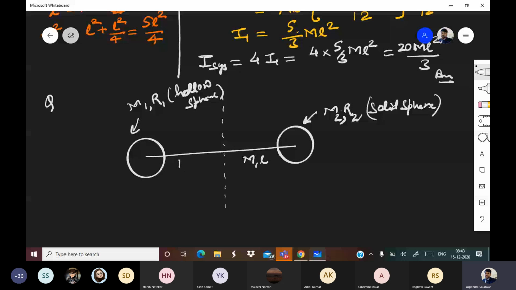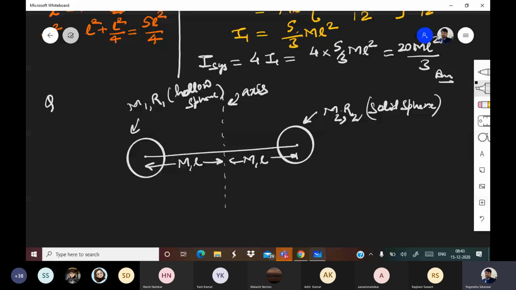So basically we have two rods of length L each and mass M each. Then there is an axis, and on one side there is a solid sphere, and on another side there is a hollow sphere.